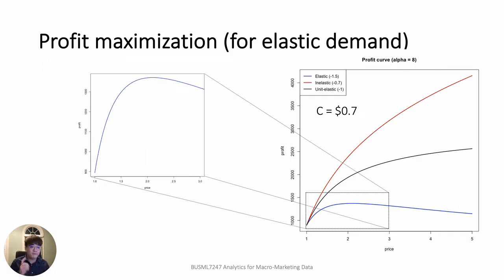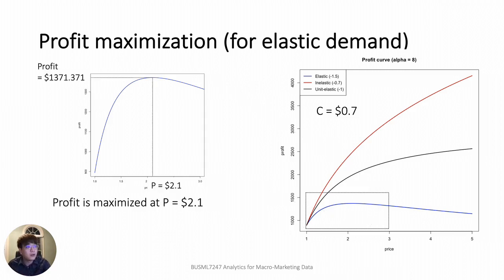Then we can find the maximum value of the profit. The maximum value is about $13.71 when the price is equal to $2.1. I have manually found this point, and the analytic solution from the first order condition is exactly the same as it.